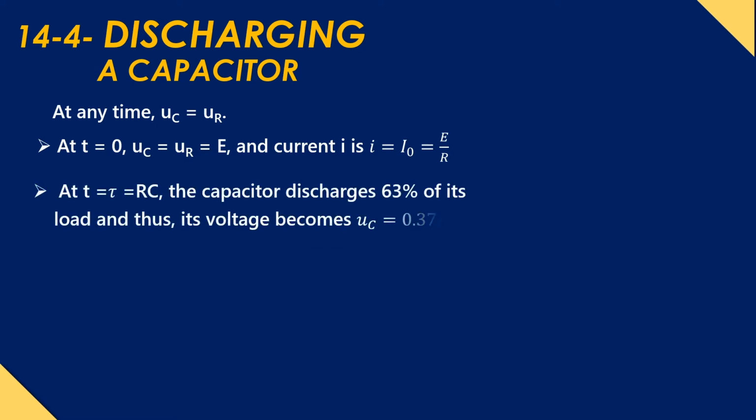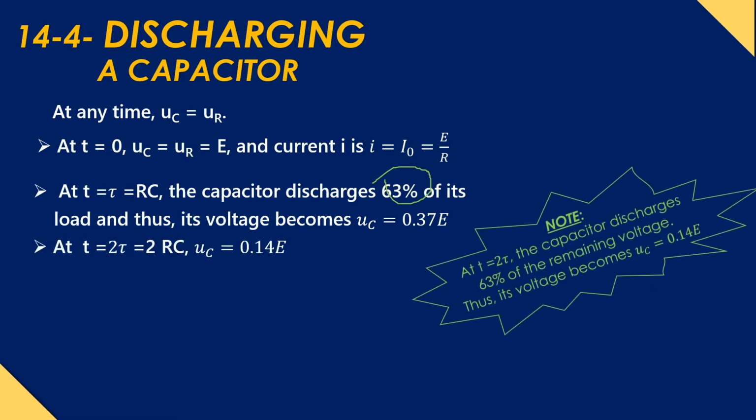Now, after 1 RC, the same tau which we described in the charging process is the same in discharging. However, its definition varies. We say that tau is the duration needed by a capacitor to discharge 63%, thus keeping 37% of its voltage.